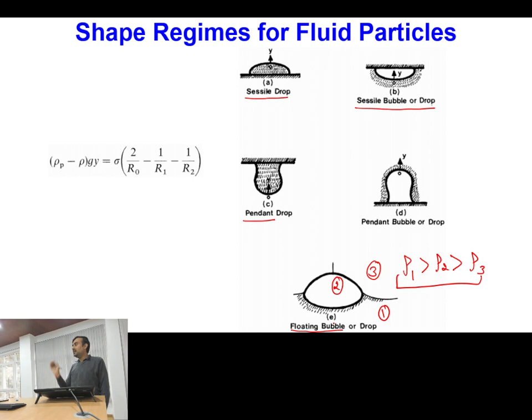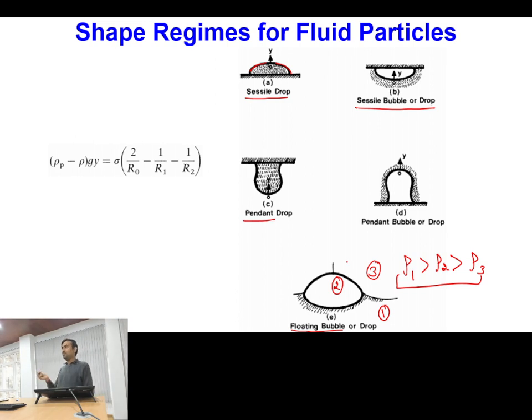Okay, and the ultimate point is that all these shapes which we are getting are nothing but coming from the balance of tangential as well as normal forces which are acting on this particular interface. This is nothing but the interface segregating one fluid from the other fluid. We mentioned that if tangential and normal forces are balanced at this interface, then we will have one particular shape present.